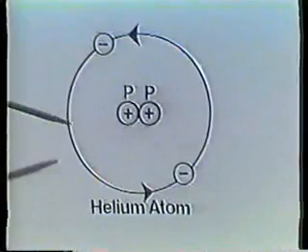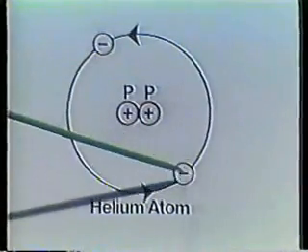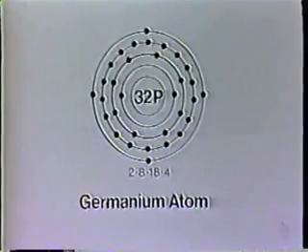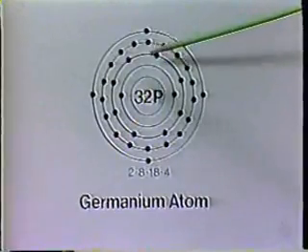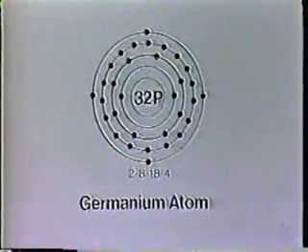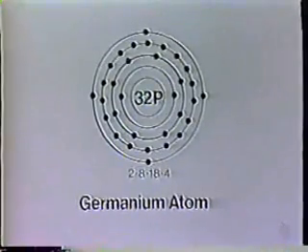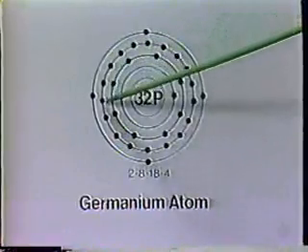If an atom has only 1 shell, that shell is considered filled when 2 electrons are in the shell. For atoms with 2 or more shells, the outer shell is considered filled when 8 electrons occupy the outer shell. Shells other than the outer shells may have more than 8 electrons.